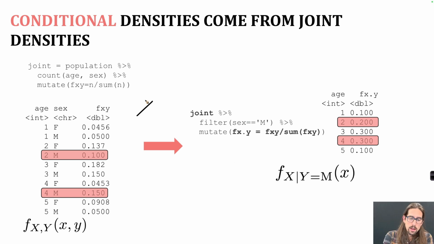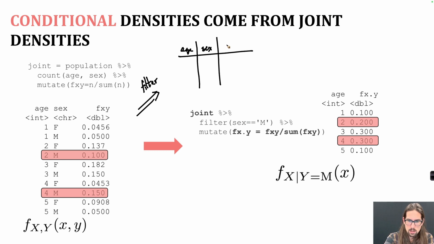So step 1 is just the filter, which would give me a table that looks like age and sex and fxy, the value of the joint density. So I have 1, 2, 3, 4, 5.